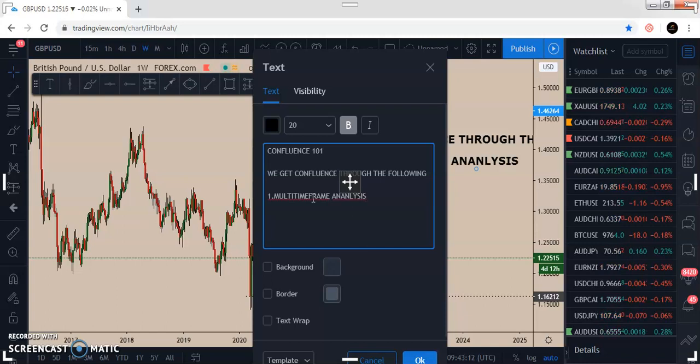We also get Confluence through two, structures. Three, through tools, the tools we use.